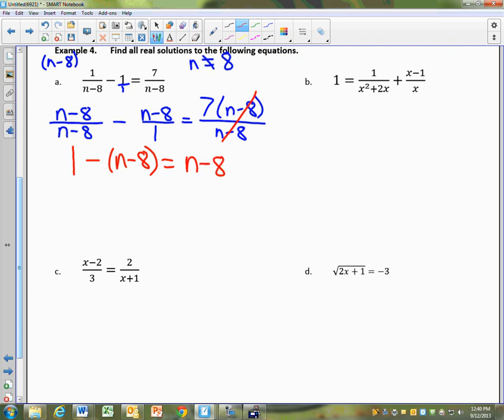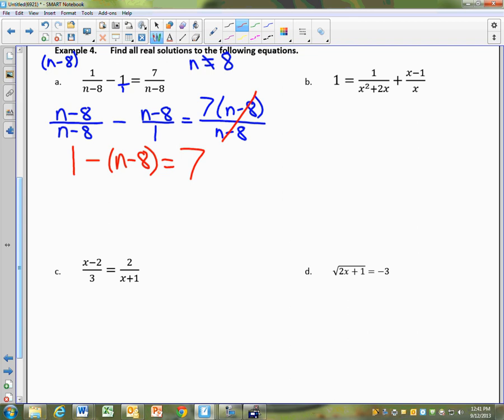Is that better or worse than your original? What's that? Oh, because I'm a dummy. 7. Thank you. Is this equation better or worse than the original? I think it's much better. I think it's a lot easier to solve.